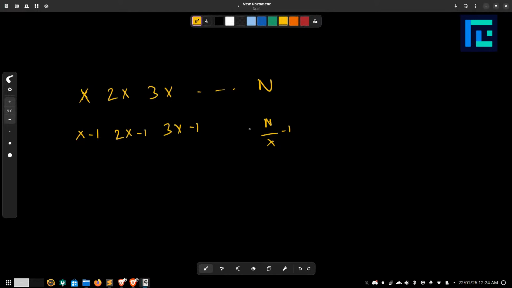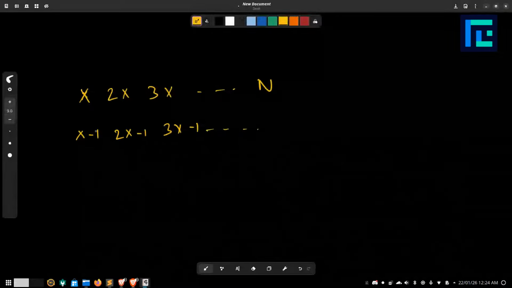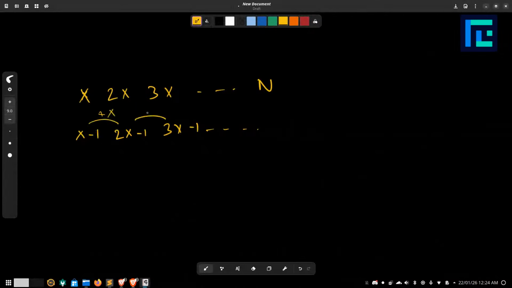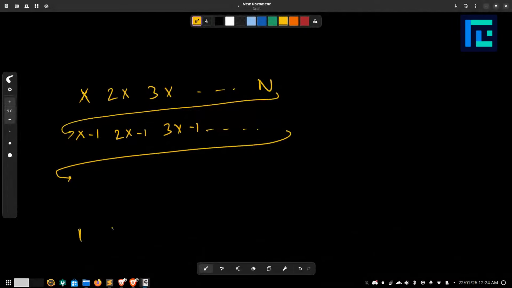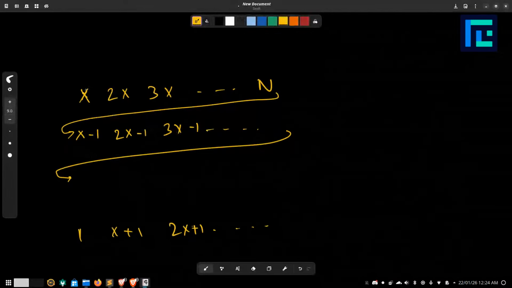It is just that there will be n by x numbers in this sequence, and each will be plus x of the last number. Simply that. And the permutation is like this. After this n, it starts from this index, and after this it will start from this index, and so on. We will have the last, which is 1, then x plus 1, then 2x plus 1, and so on. So we can easily generate this permutation.